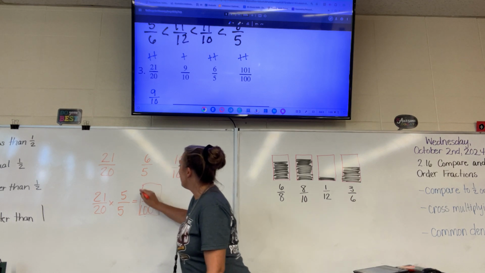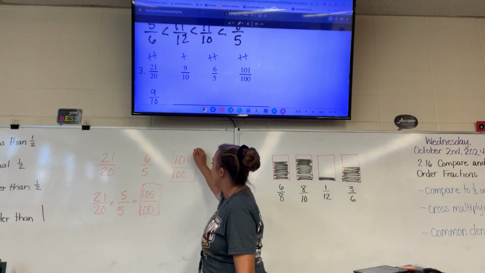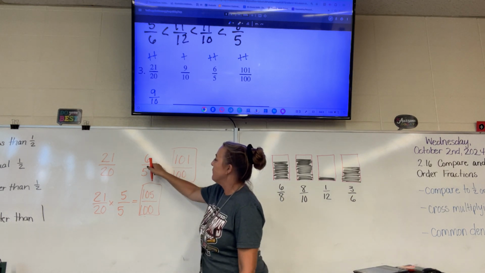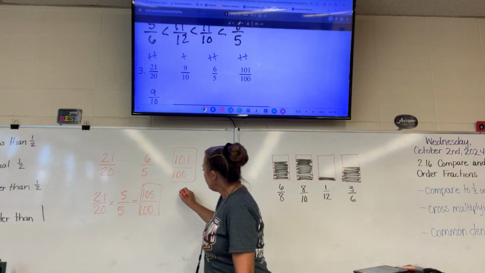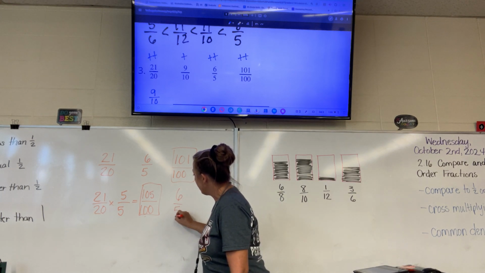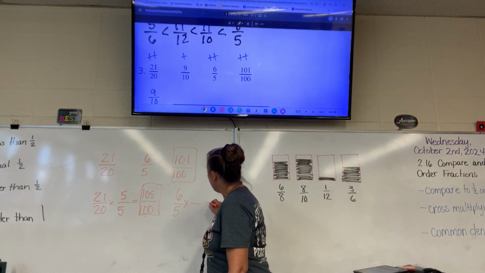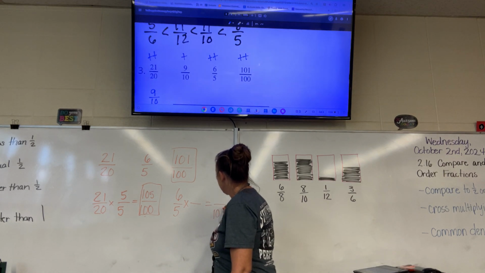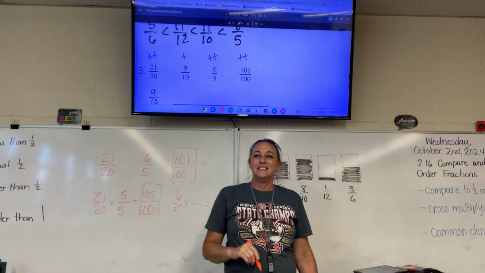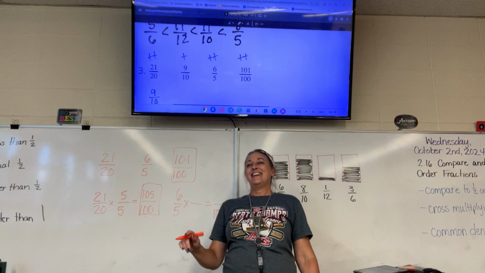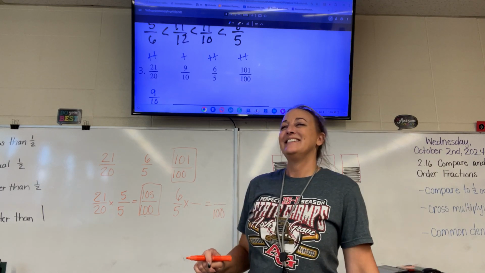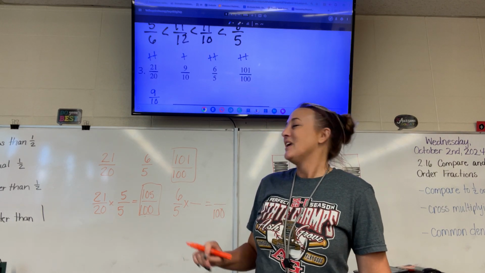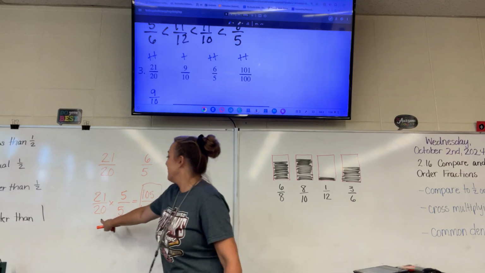Okay, so now we've got 2 fractions that have 100 on the bottom. Now we got to fix this guy. So 6/5, what do you multiply 5 times, don't blurt, to get 100? Mary. So look here, Mary, what do we got right here?